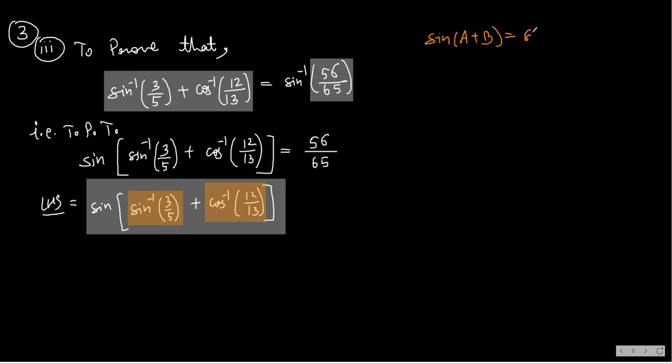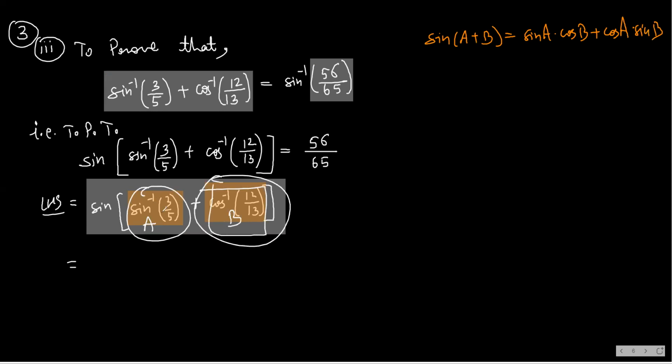Sine of a plus b is equal to sine a cos b plus cos a sine b, right? So in the next step, this is my a and this is b. So I will have sine a cos b, then cos a sine b.